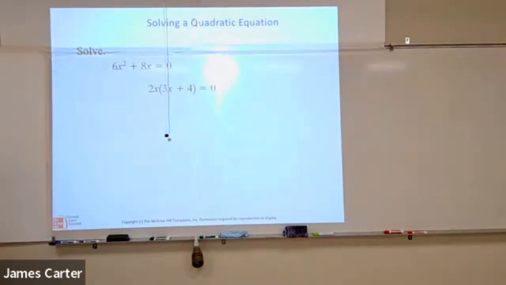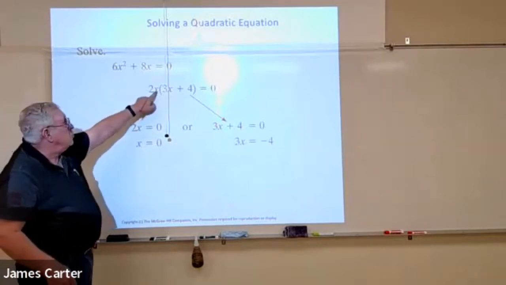So at this point, this thing is completely factored. So my two equations become 2x equals 0 and 3x plus 4 equals 0. Well, if 2x equals 0, then x equals 0. Okay?